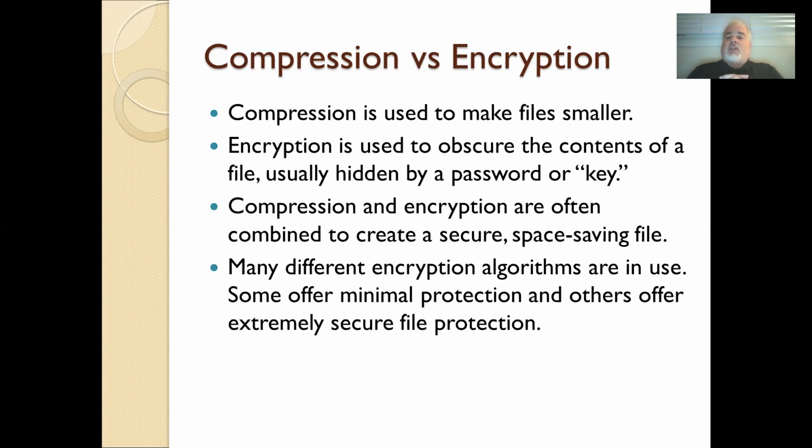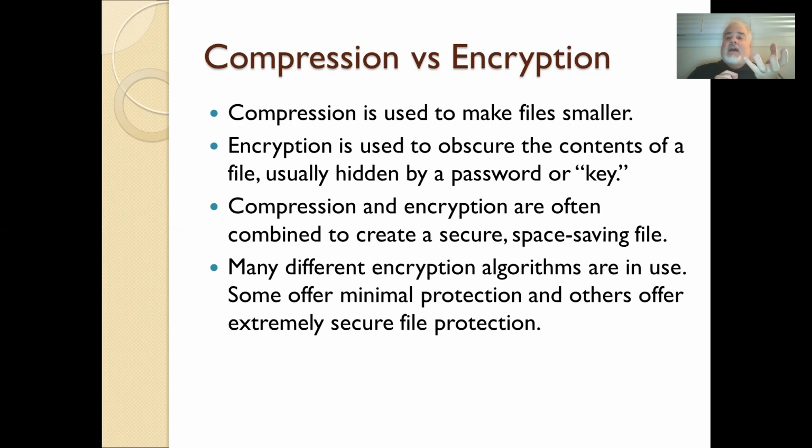Encryption is somehow scrambling the ones and zeros of the computer file in such a way that it can be unscrambled exactly the way it was. So encryption is always lossless. You have to be able to decrypt and get your original file back. Now, you can encrypt a lossy file, but the encryption part is lossless.